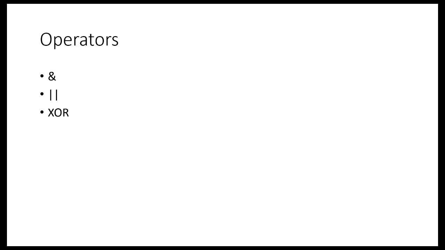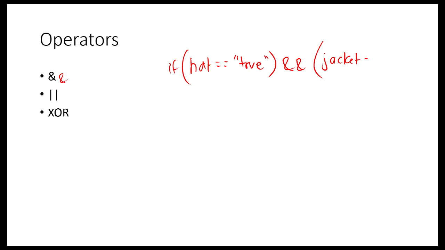So if hat equals true, I might write and. Now in some languages there's two ands, so it's and jacket equals true. Then you can go outside. So this condition has to be true and this condition has to be true, in order for it to work.